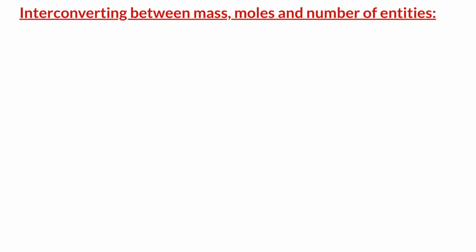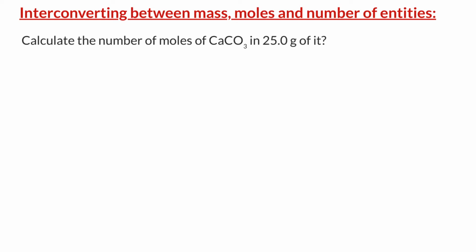Now that we know how to calculate the molar mass of a given compound, we should be able to interconvert between the mass, the number of moles, and the number of particles of a compound given its molecular formula. Let us look at an example.